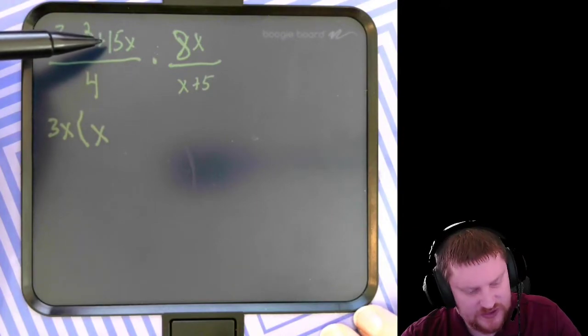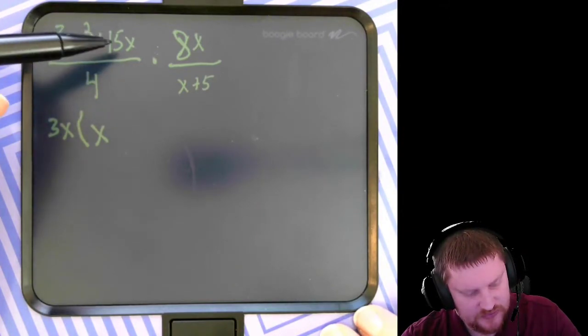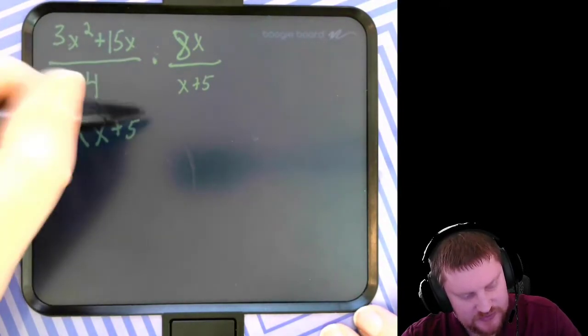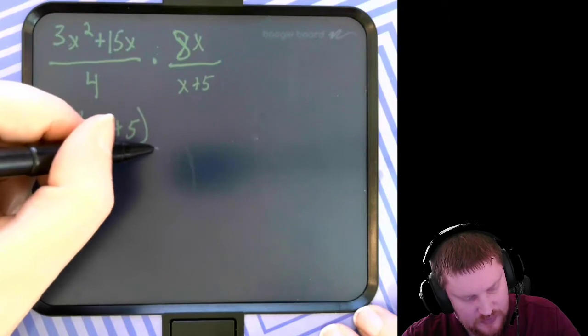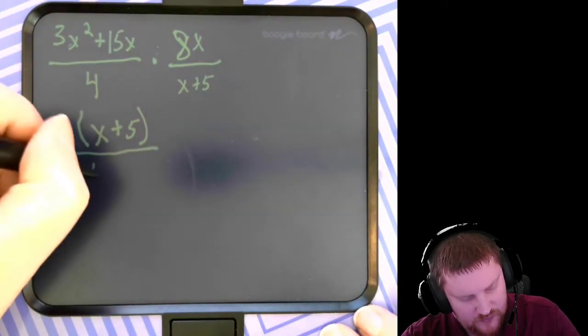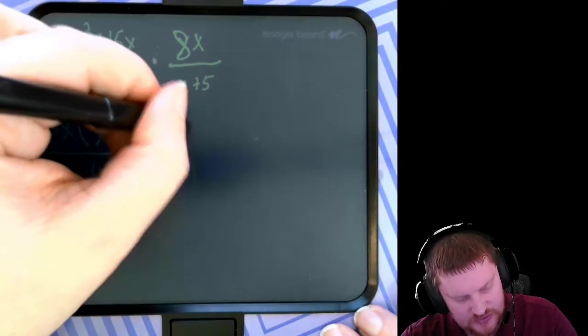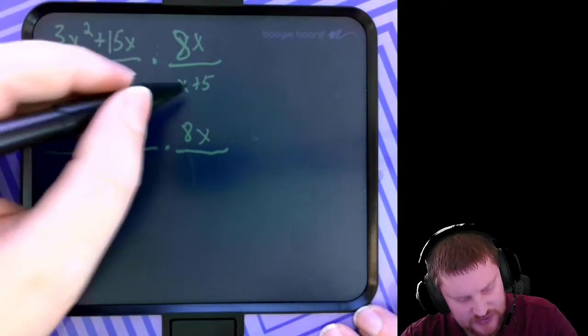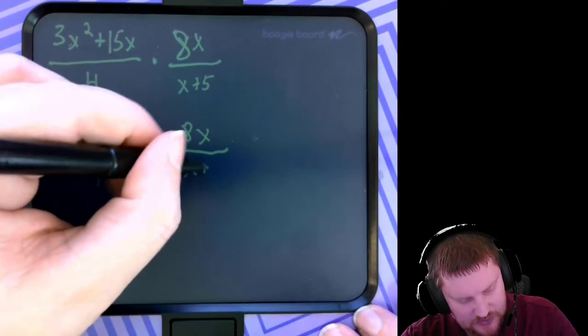And we've got 15x divided by 3x. 15 divided by 3 is 5. x divided by x is 1, so we just have 5. Over 4 times 8x. Since there's only one term here, nothing cancels out. And x plus 5 on the bottom.